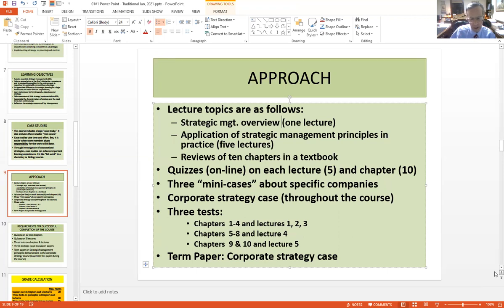And then at the very end of the course, I'll put some specifics on the questions that you should answer in this term paper. But basically, if you take notes each week regarding the Deere case, based on the principles that we discuss each week, when we get to that last week, it shouldn't be too difficult at all to finish up. But at the end of the last week, you will be obliged to turn in this term paper.